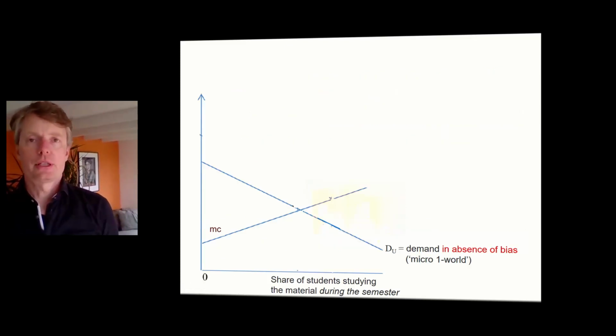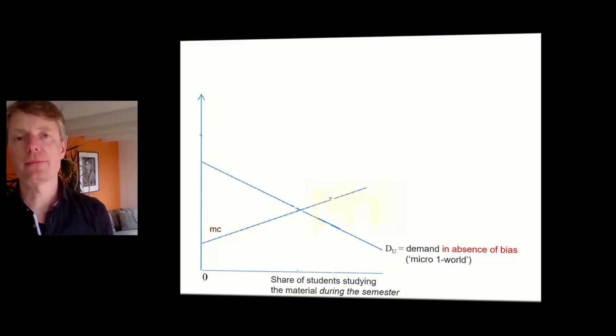Here's a familiar supply and demand diagram, and let's look at a good with delayed benefits, such as studying. So on the horizontal axis, the market demand for studying. We order the students by the benefits they derive from studying. Those are the total benefits, so whether present or future.